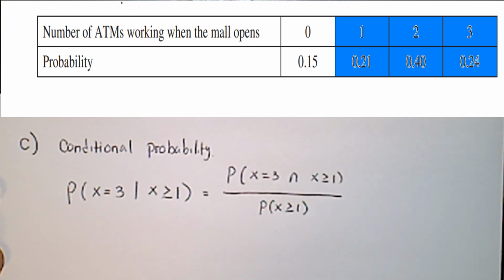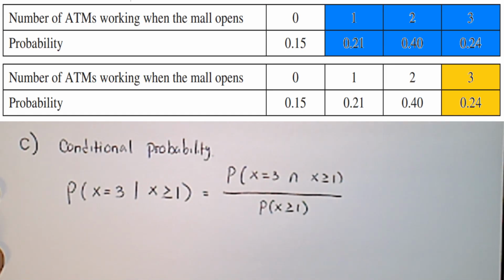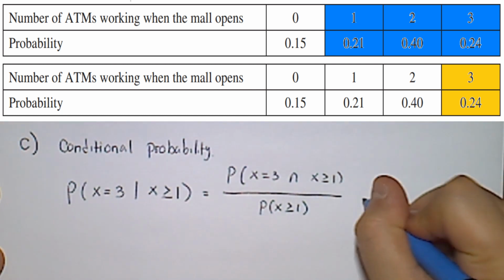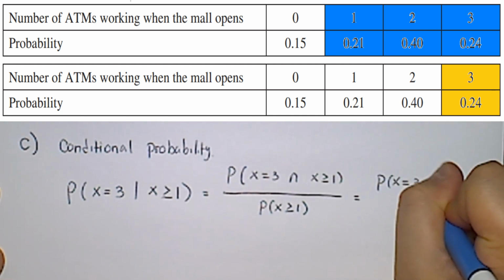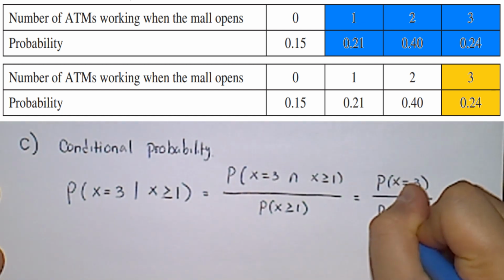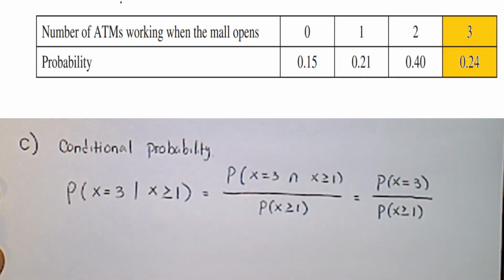The probability of x equal to 3 is in yellow. And the overlapping probability is just x equal to 3. And over the probability of x greater than or equal to 1.